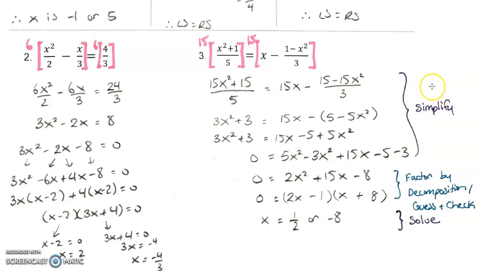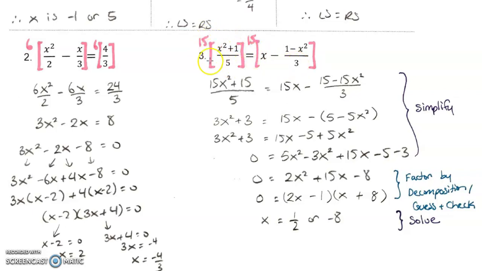So let's do this one more time, but with fewer steps. Okay, so noticing that first of all it has fractions, there's an equal sign, so I can get rid of the fractions by multiplying everything by the common denominator, which is 15.